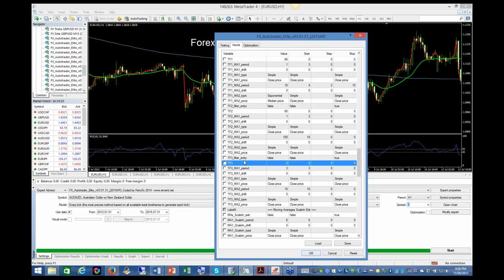So I have all these options, and what we want to do is add another time frame filter. So I make that true. In this case, I want to do it on the 60-minute time frame, so it's 60. Price is the same as a simple moving average of 1.